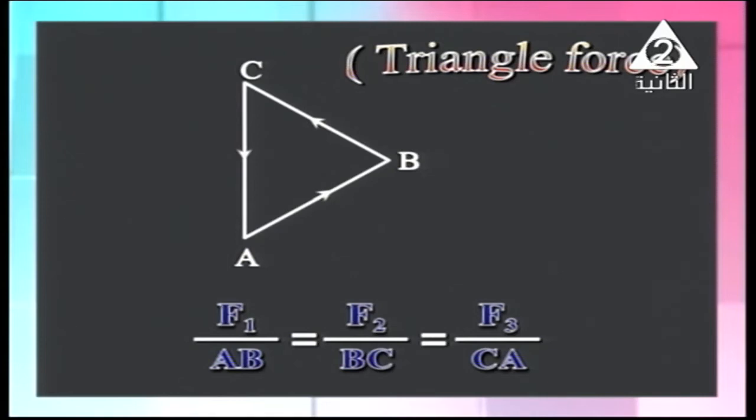Then three forces act on a body in cyclic order. What do you mean by cyclic order? In triangle ABC, the directions AB, BC, CA are called cyclic order. Then we deduce this rule, the triangle of forces rule, denoted by F1 over AB equals F2 over BC equals F3 over CA.